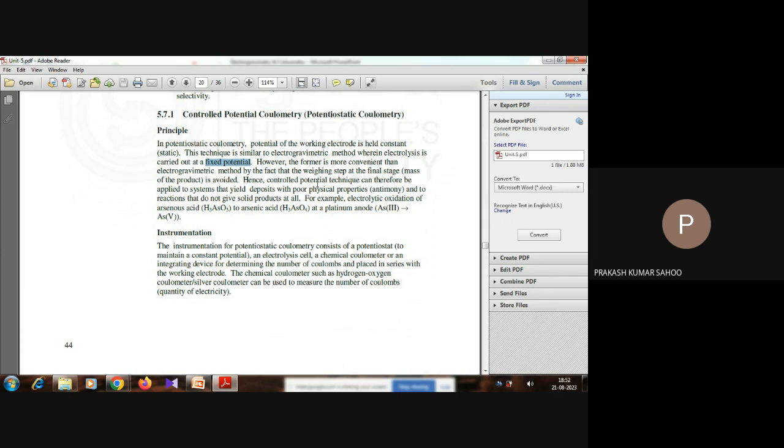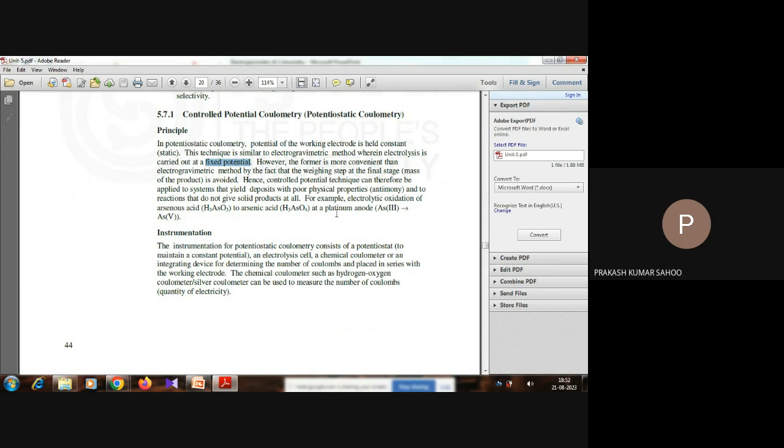Hence, the controlled potential technique can be applied to systems that yield deposits with poor physical properties like antimony, and to reactions that do not give solid products at all. For example, electrolytic oxidation of arsenious acid to arsenic acid at a platinum anode can be carried out.